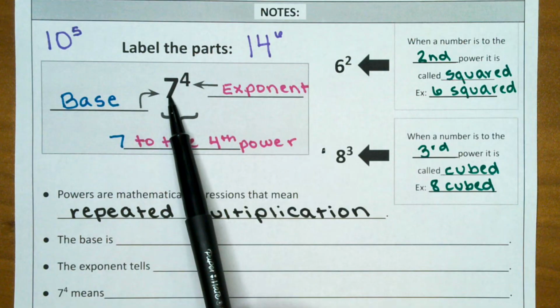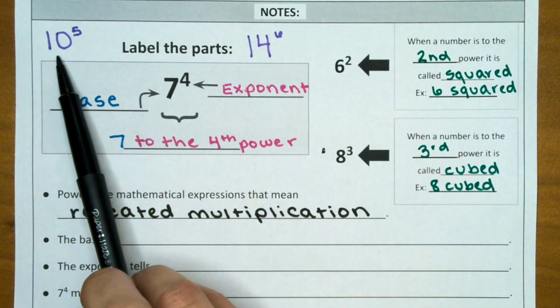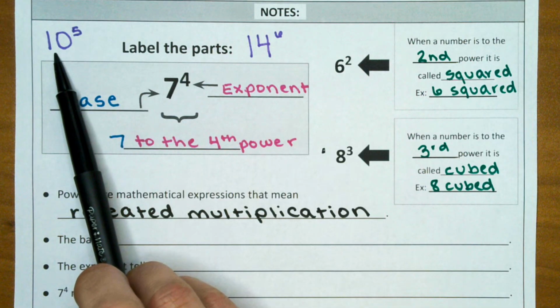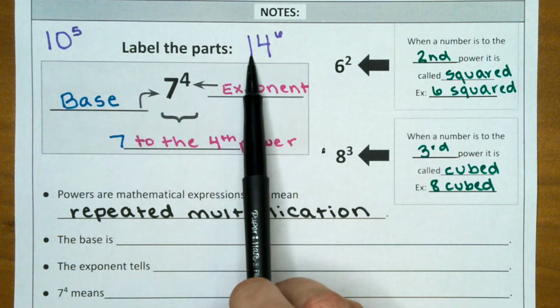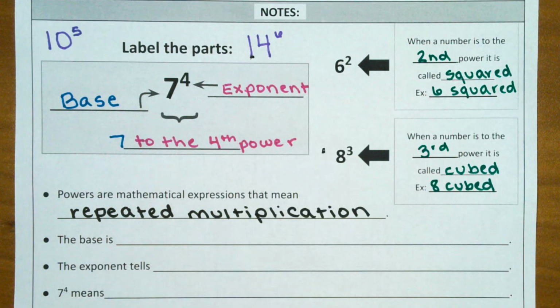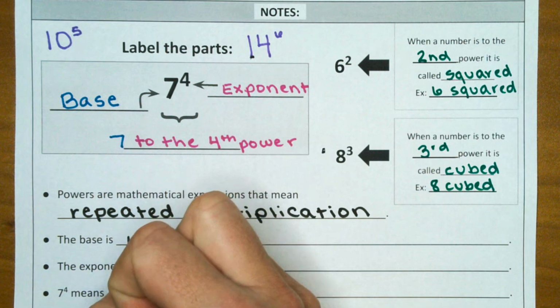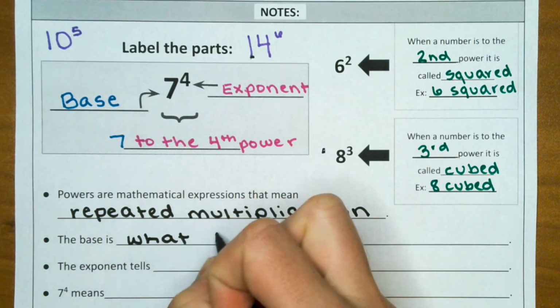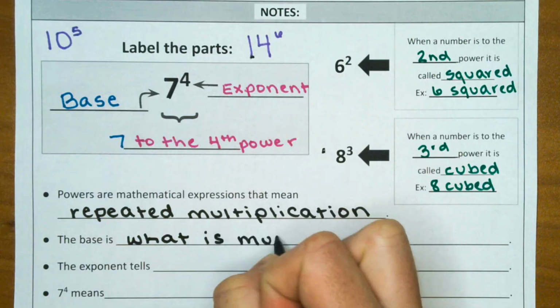So in this example, you'd be doing 7 times 7 times 7 times 7. In these examples, we'd be multiplying 10 over and over again, 14 over and over again, 6 over and over again. Your base is what you multiply over and over. The base is what is multiplied.